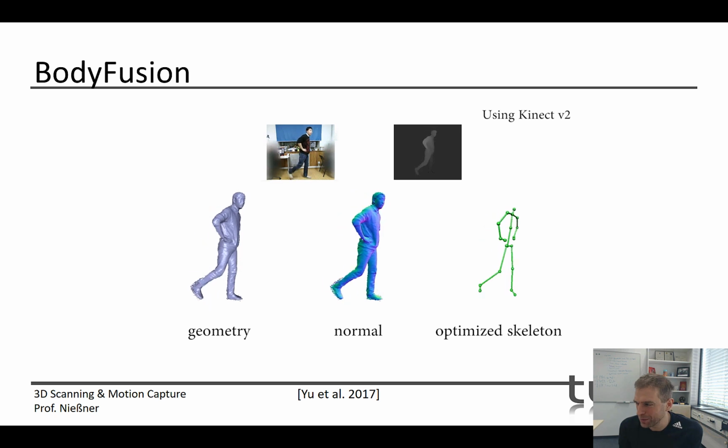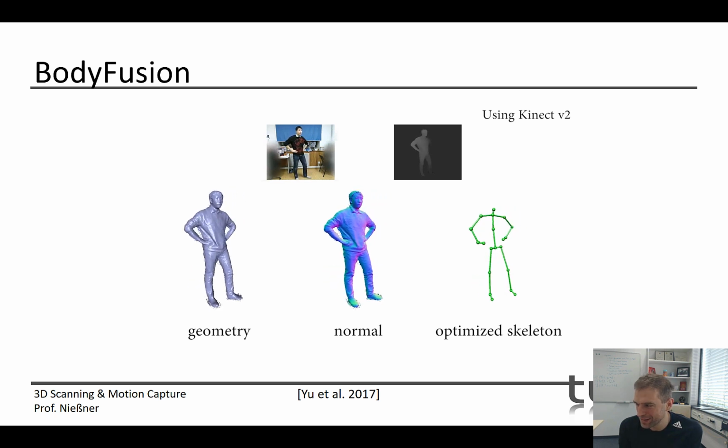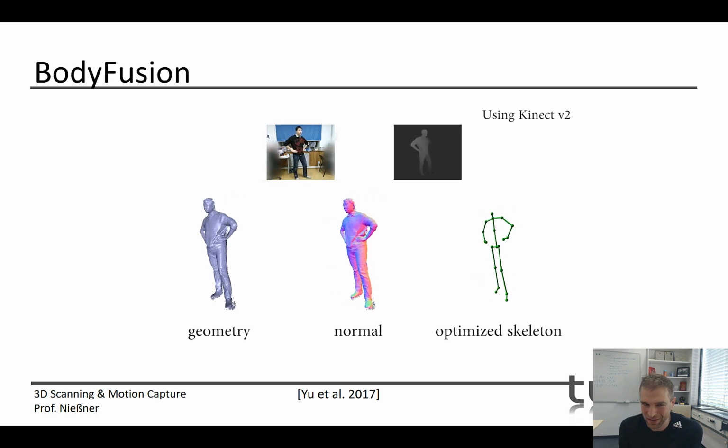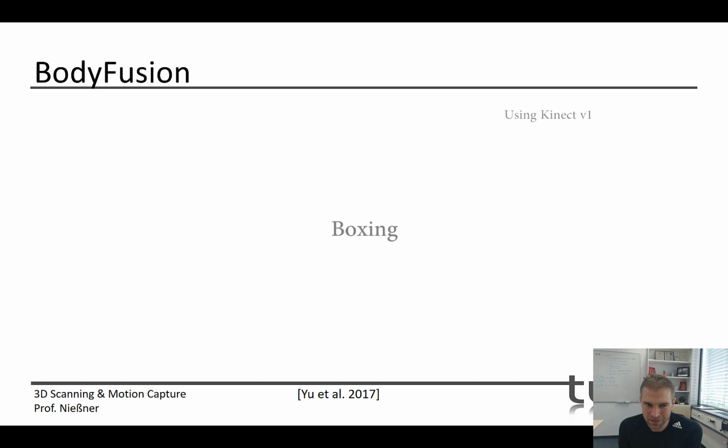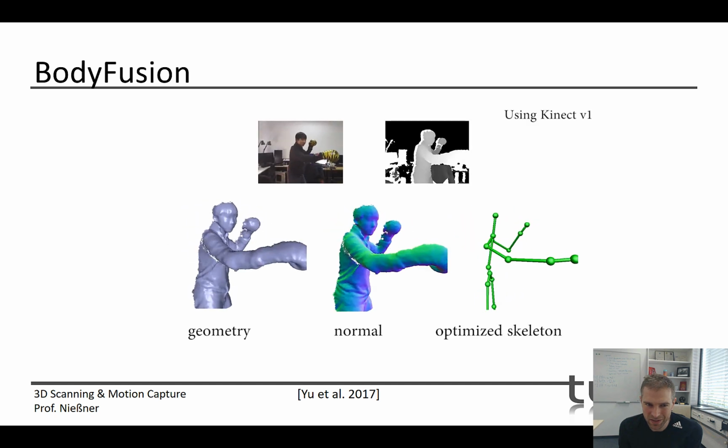And I think that looks pretty cool, right? So they can get pretty good results. But again, note that they have a very stable prior with the skeleton that models their deformations for them. Another sequence here.